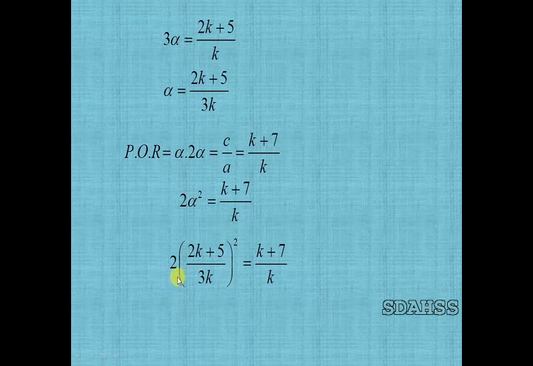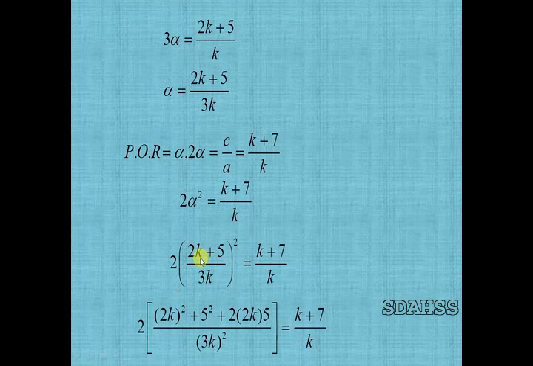So this can be written as 2 into, the square belongs to the numerator and also the denominator. The numerator is (2k plus 5) whole square, which is in the form of (a plus b) whole square. So expand it: a square plus b square plus 2ab.